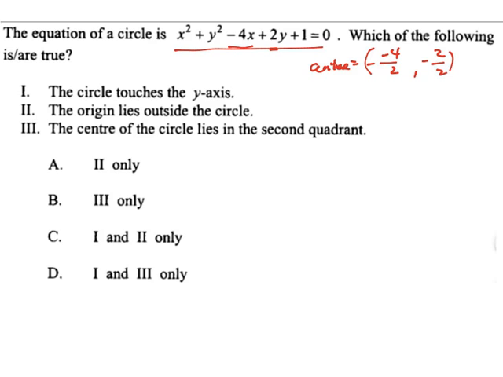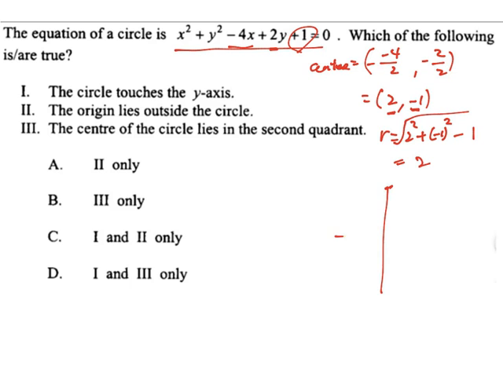So we can get 2 and then negative 1. And then for the radius, we use 2 squared plus negative 1 squared minus f, and take the square root. So we can get 2. Then we can roughly draw the circle on the coordinate plane.